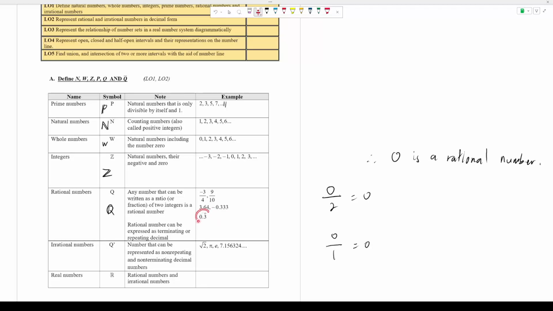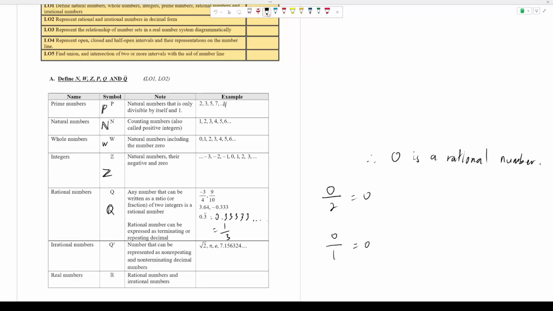As you can see here, there's a bar above the 3. That is the symbol for repeating numbers. So 0.3 bar is the same as 0.33333 and so on. This is the same as 1 over 3. So it is a rational number, a fraction.